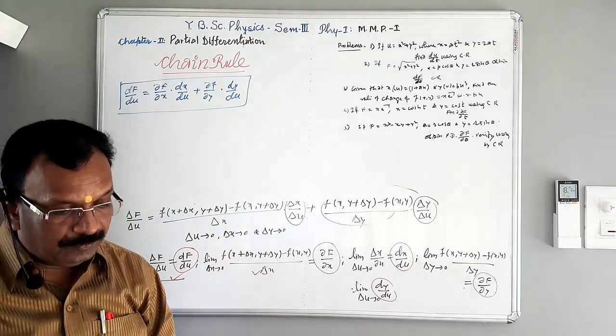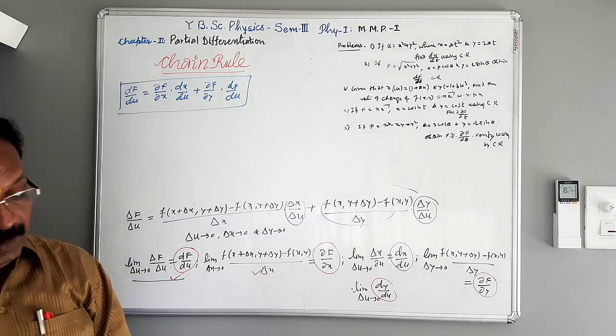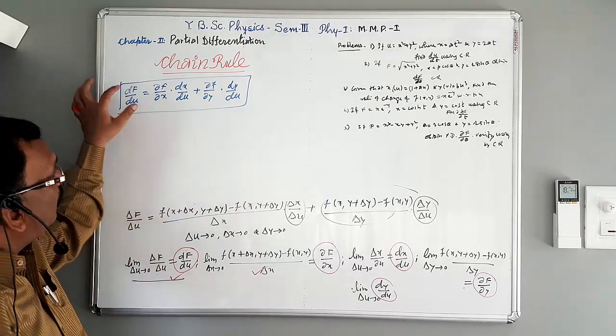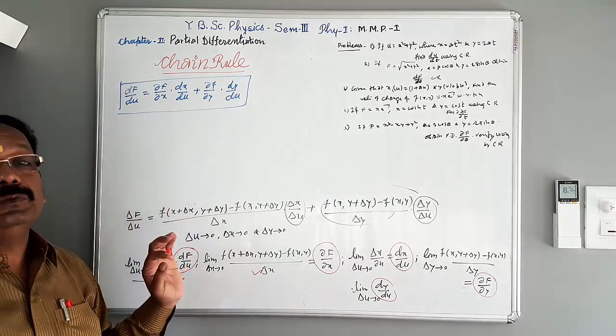This is called the chain rule of partial differentiation. This expression provides a direct method for calculating the derivative of f with respect to u.